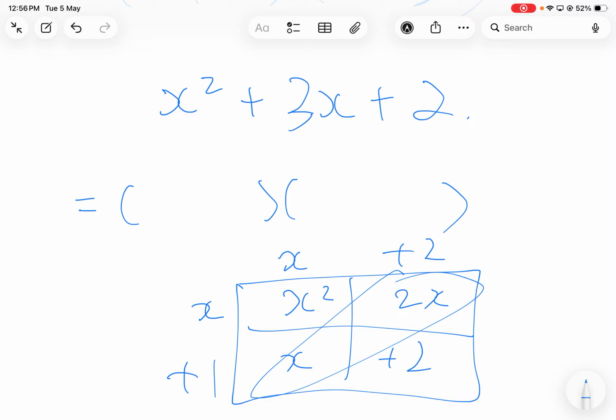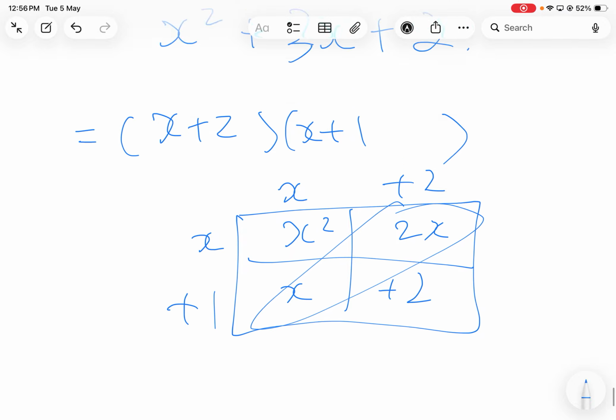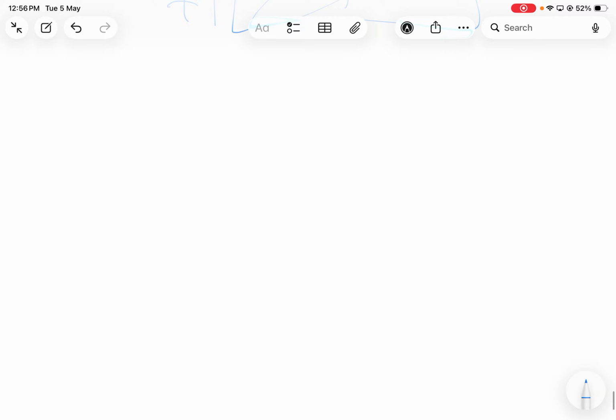Add together, 3x, oh, correct. So, I can factorize. X plus 1. Okay? So, this all links together. You must be able to factorize all these things. You must be able to expand all these things. Then when you put all these together, you will be able to solve the questions in 6b.